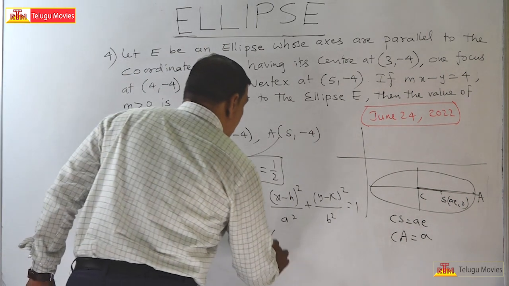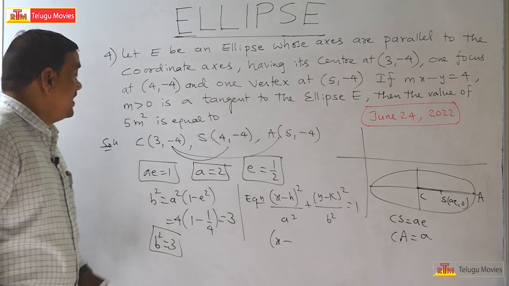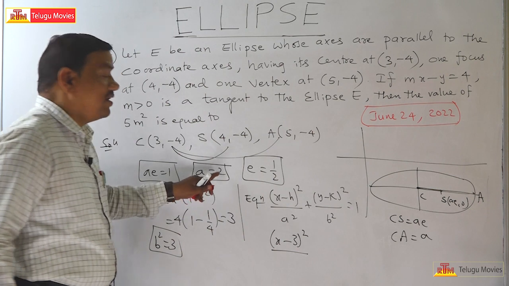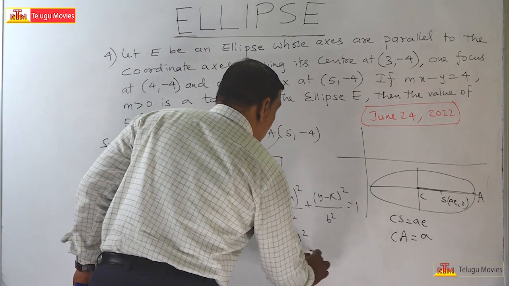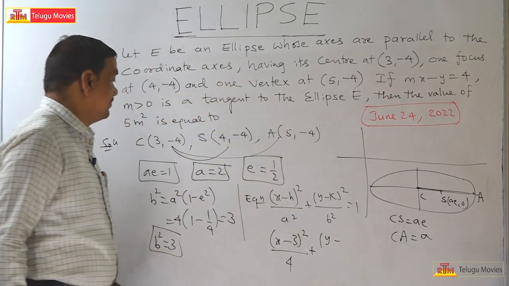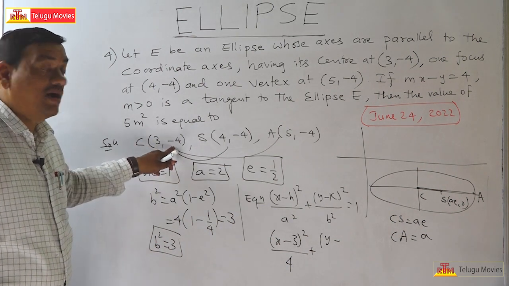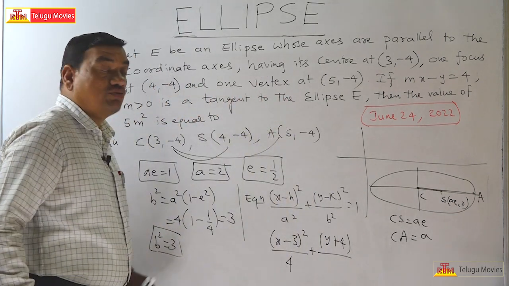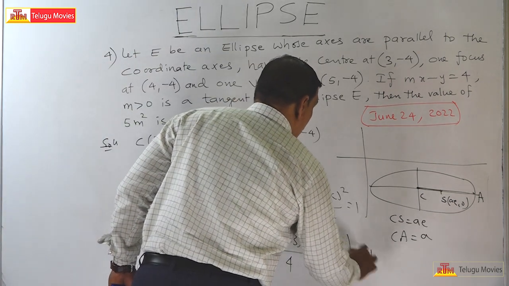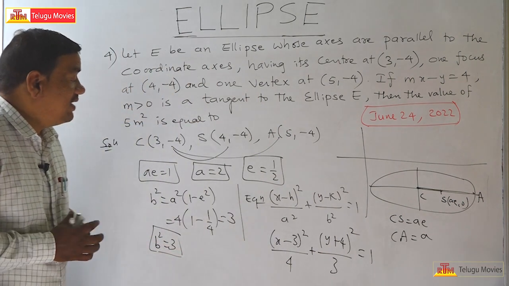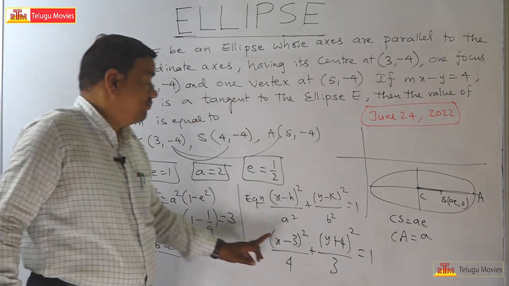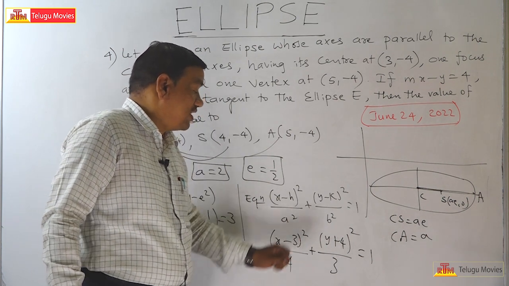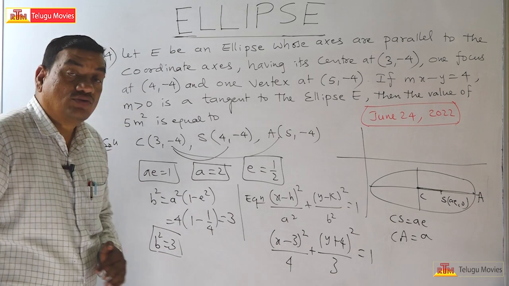So here x minus 3 whole square by A square value 4 plus y minus k, k value is minus 4, so y plus 4 whole square by B square, B square is 3. So ultimately, we got the equation of the ellipse as x minus 3 whole square by 4 plus y plus 4 whole square by 3 is equal to 1.